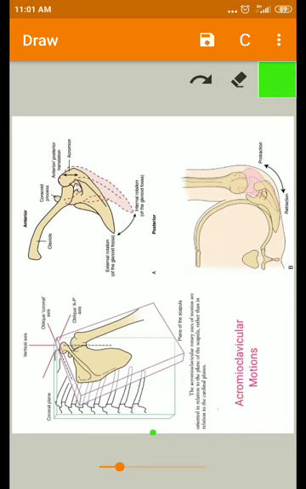This coronal axis is not the actual coronal axis, it has some obliquity. If you visualize the position of the scapula on the thorax, the scapula is not present straight, or equally on the thorax. It has some angulation, some tilting of the scapula is present in the anatomical position.